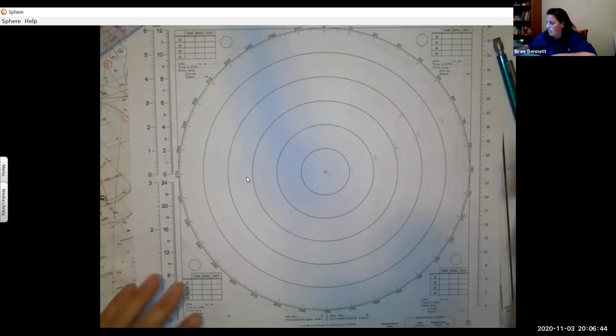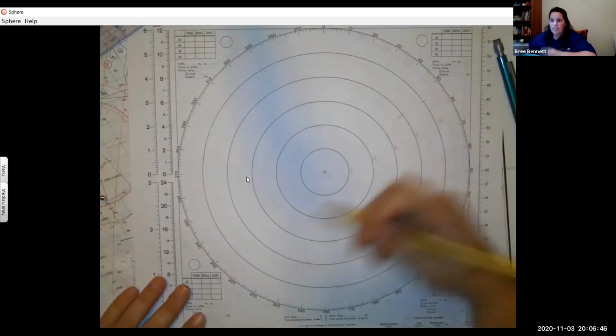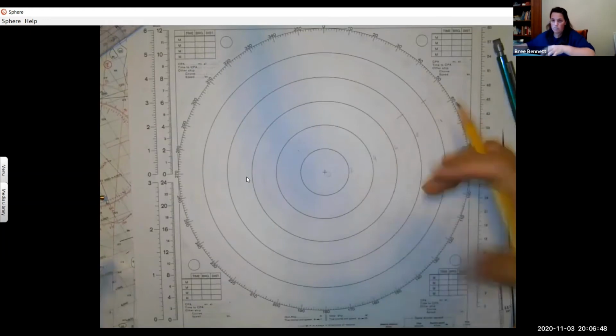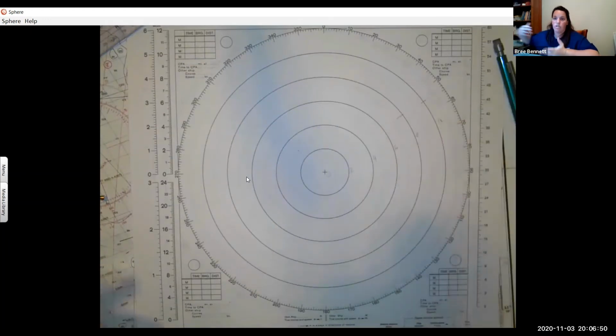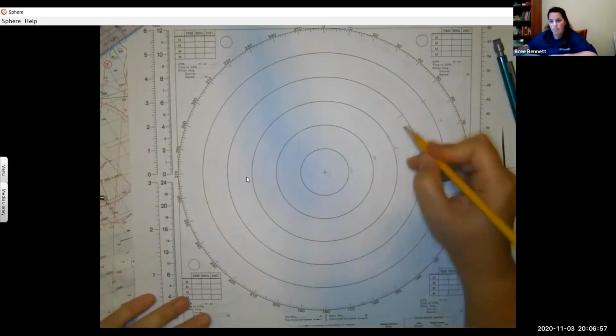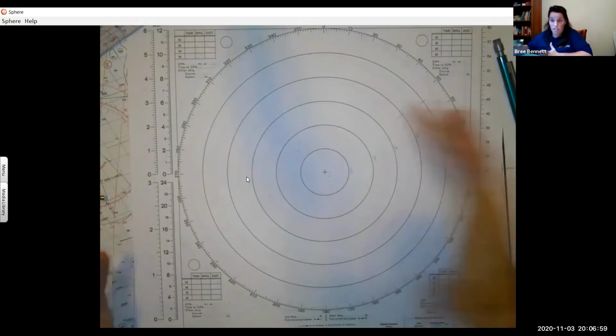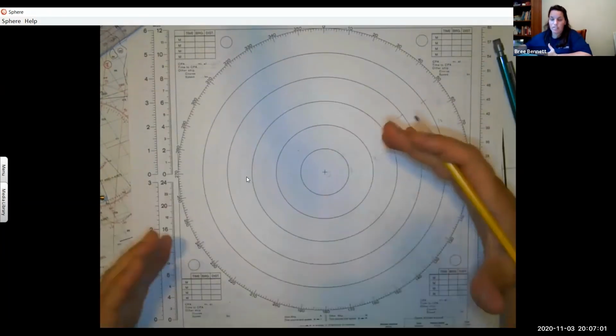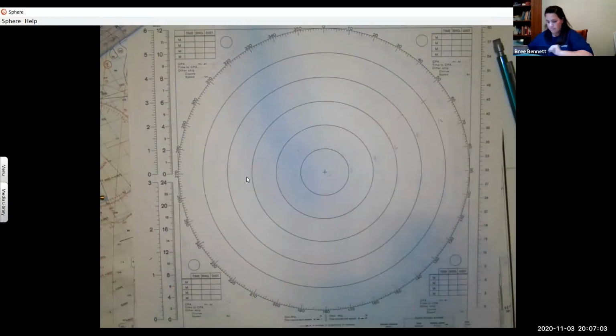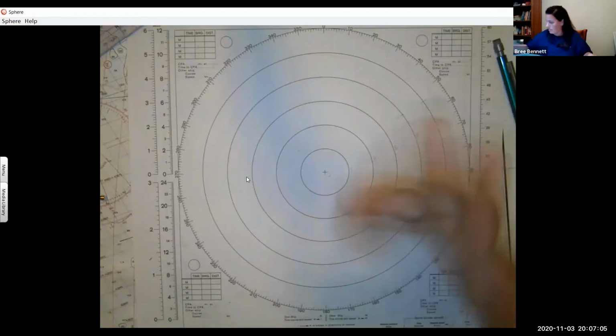I didn't have to draw big, long lines. The more lines you get, especially when we do our second triangle or multiple targets, the more confusing it gets. So the neater you are from the start, the easier it will be for you. But I just wanted to explain that real quick.